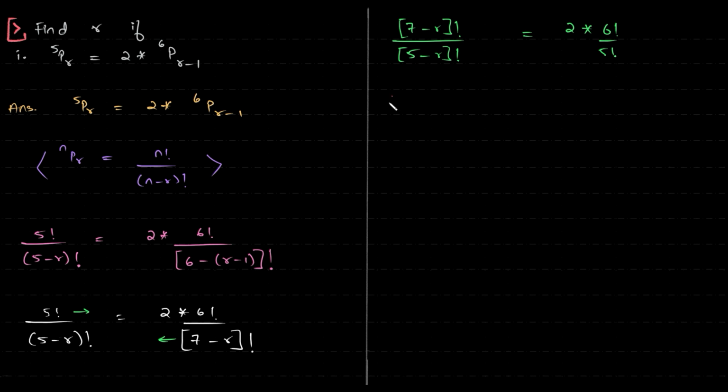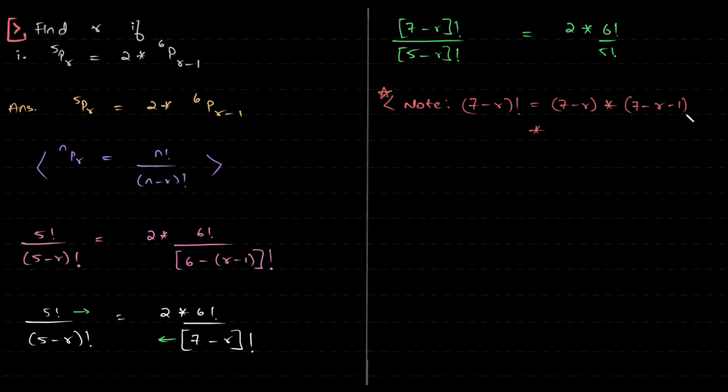Now a very important note. I can rewrite (7 minus r) factorial as (7 minus r) into (7 minus r minus 1), right? So n factorial is n into (n minus 1), so on and so forth. So whatever this value is, I need to subtract that with 1, right?